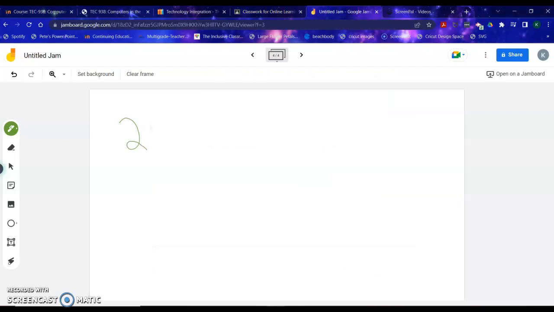So for number 26, you're going to want to do t divided by 32 is less than or equal to 4.25, with a little circle there. Okay, so we're going to multiply both sides by 32.